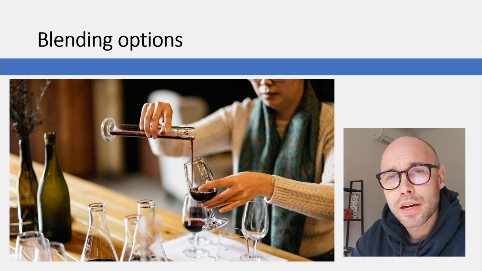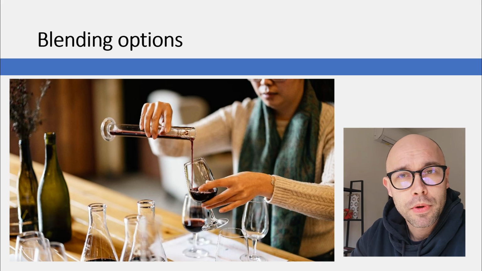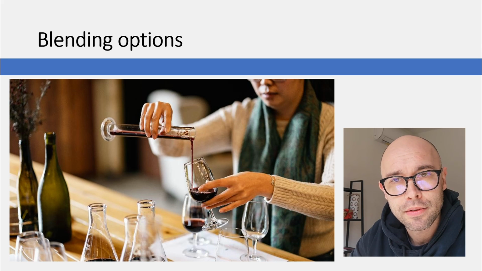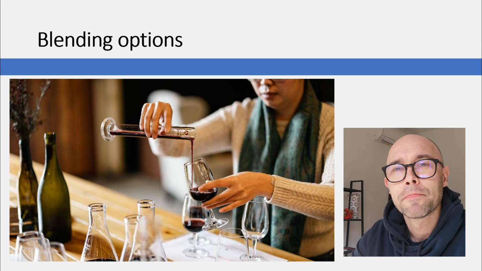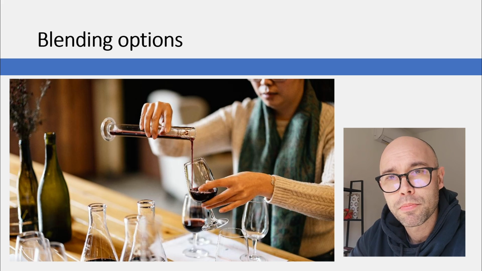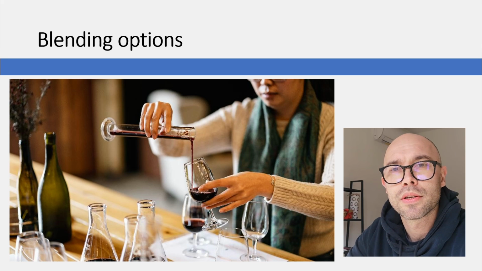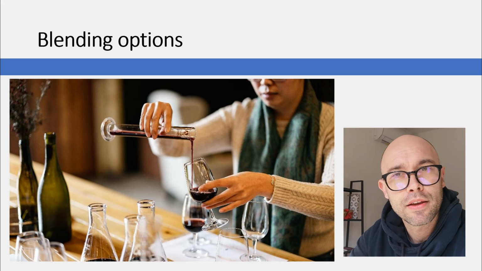Blending options are used for two main reasons. One is to have, for example, a consistent style. For champagne, this is very important, because consumers of champagne are used to a traditional style of certain wines, and they expect it every single year.